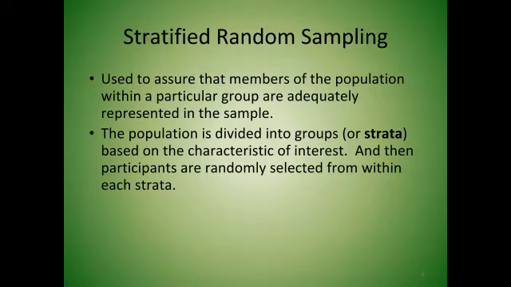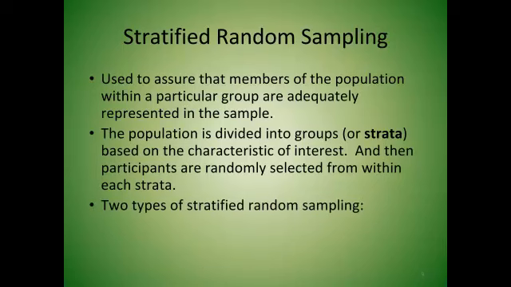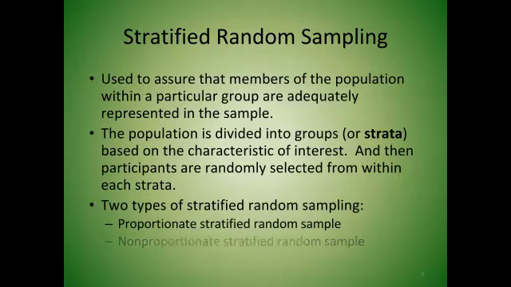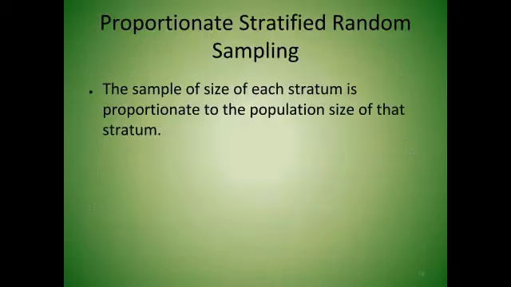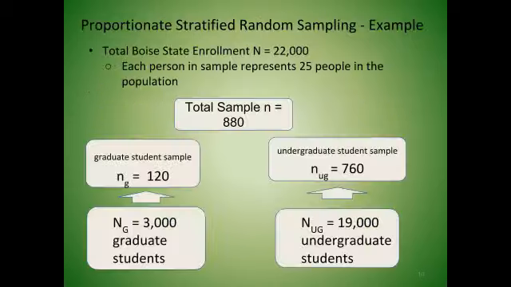And then participants are randomly selected from within each of those strata. And there are two types of stratified random sampling: proportionate stratified random sampling and non-proportionate stratified sampling. I'll talk about each of these now. Proportionate stratified random sampling is where the sample size of each stratum is proportionate to the population size of that stratum. Let me provide you an example.